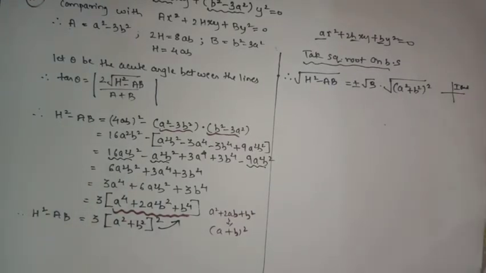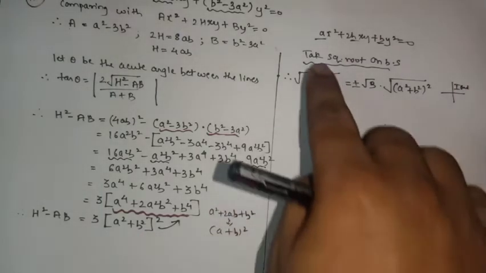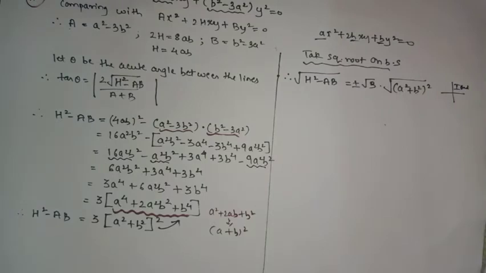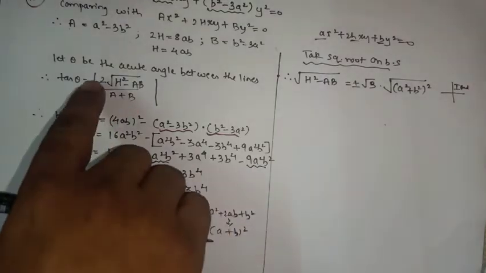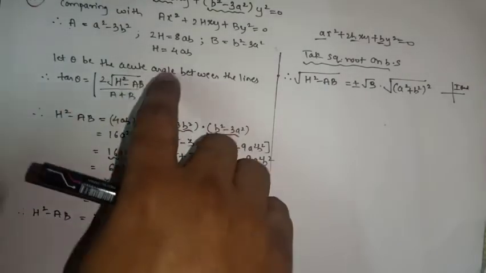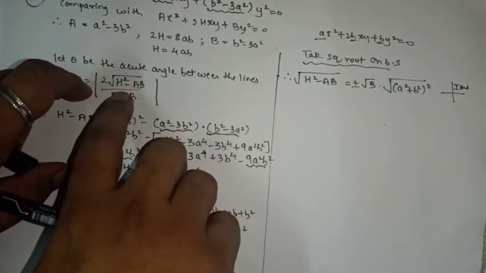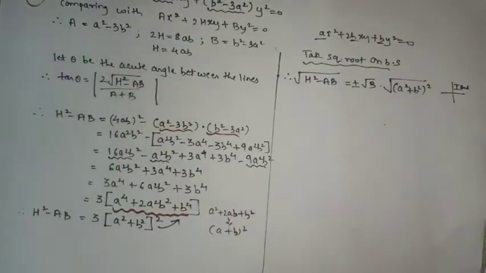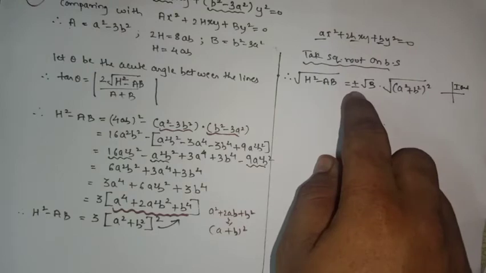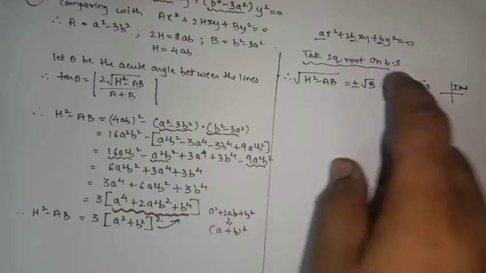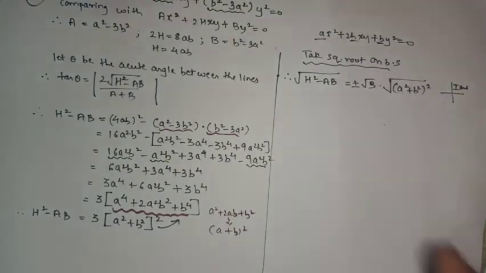So as it lies in the first quadrant, we can take positive also. But as per the rule, taking square root, you get two values, plus and minus. Usually we write that, yes or no. And when you substitute the value here, as we have the mod, whether it is plus or minus, the final answer will be positive only. So remember this, you can write plus or minus, or you can take only the positive value. So here we got square root of h square minus ab.